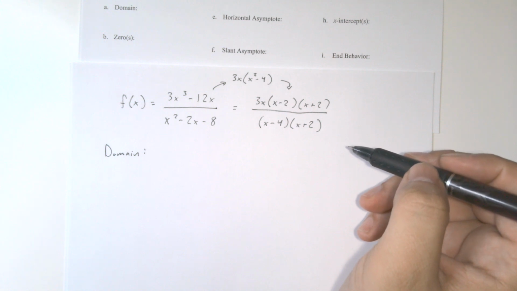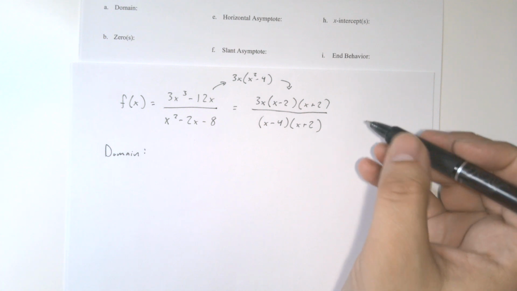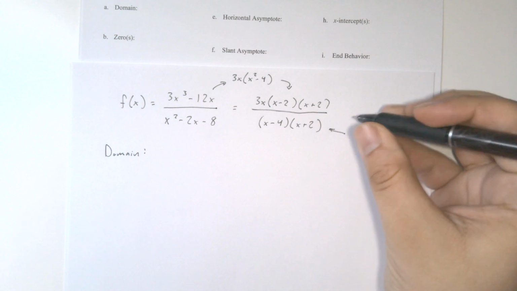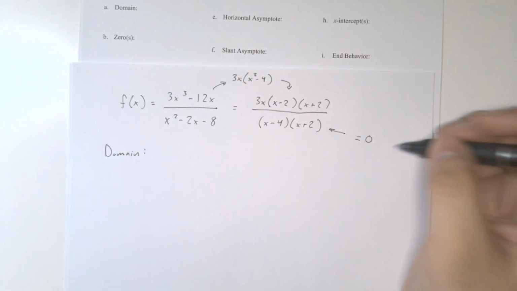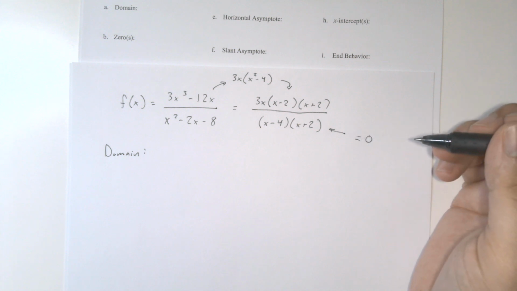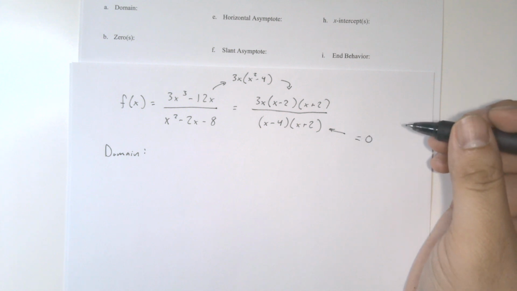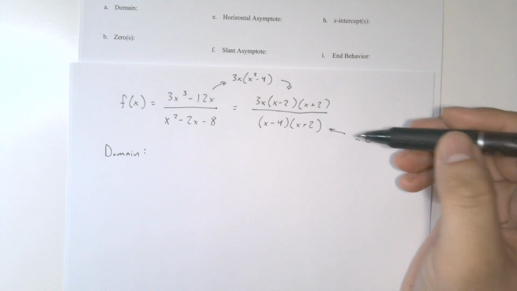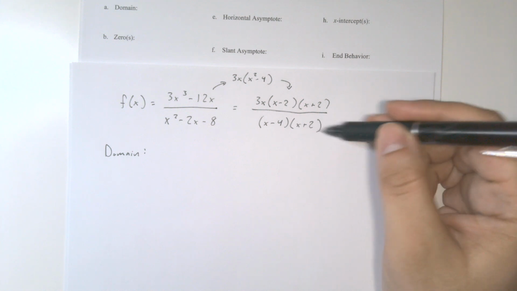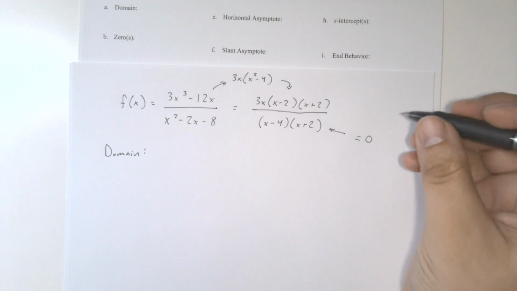So what are values of x that we can't plug in to our function because they'll give us an issue? And that's really when the denominator is equal to 0. So if the denominator is equal to 0, we'd be dividing by 0. We can't do that. So we want to figure out where's everywhere that the denominator can't be equal to 0? So that amounts to solving for 0 for the denominator.